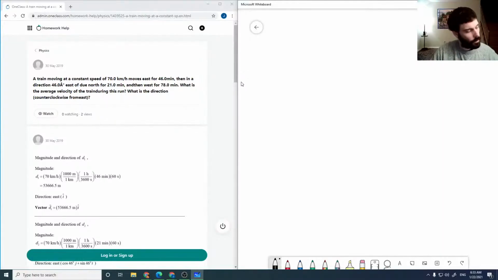Alright, so here we have a train moving at constant speed of 70 kilometers per hour. We might as well move this into meters per second just because that's always what we tend to work with here.